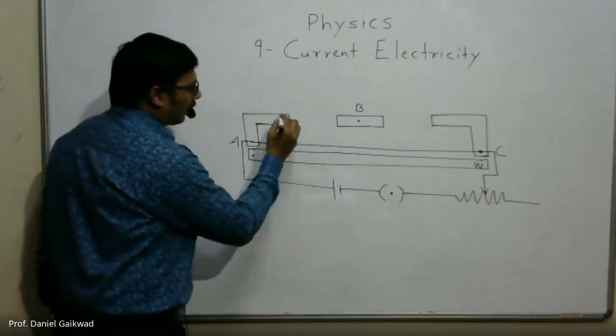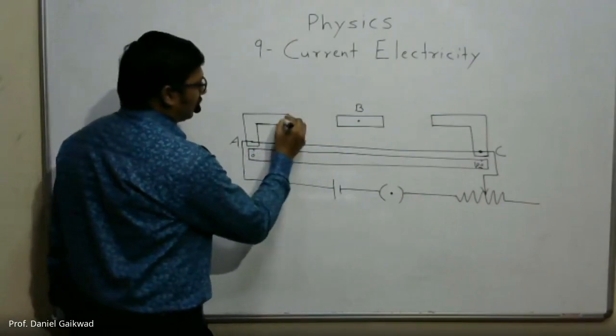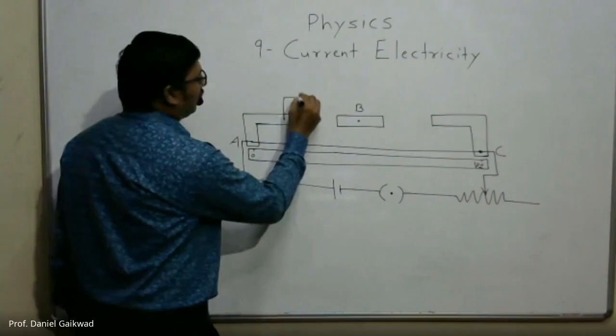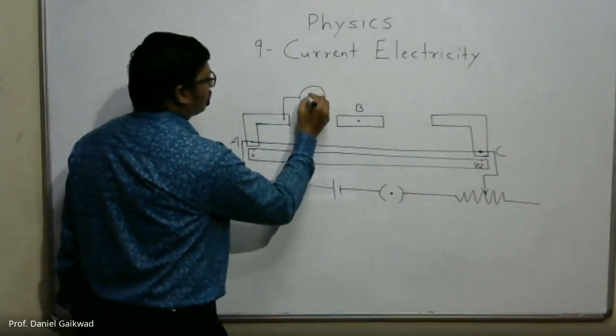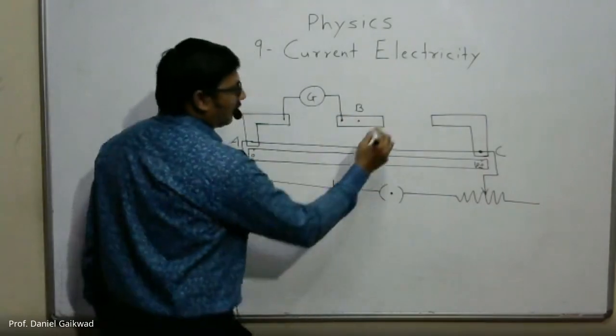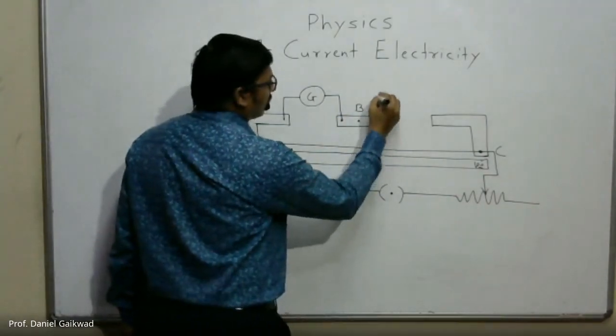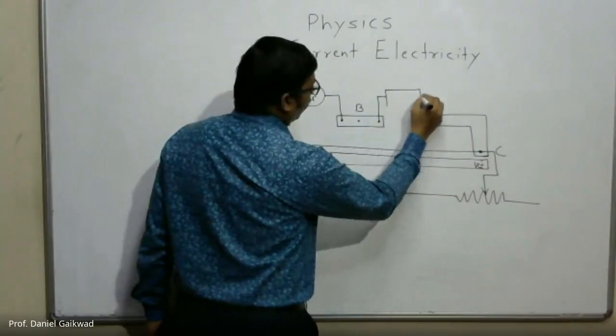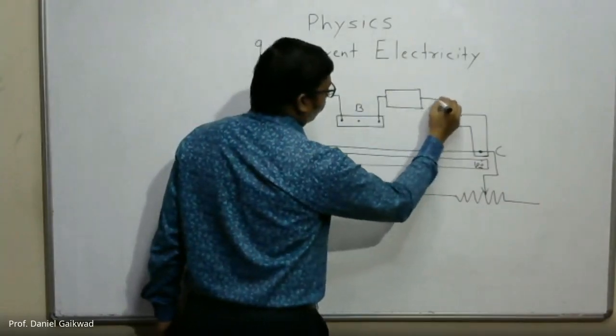In that case we connect the galvanometer in the left gap and the resistance box in the right gap of the meter bridge.